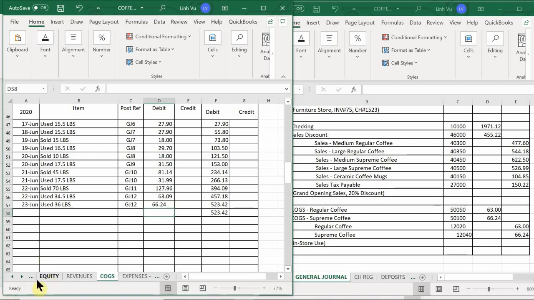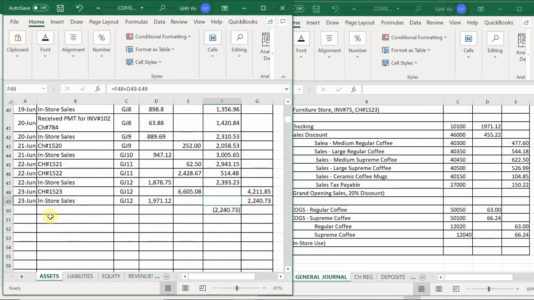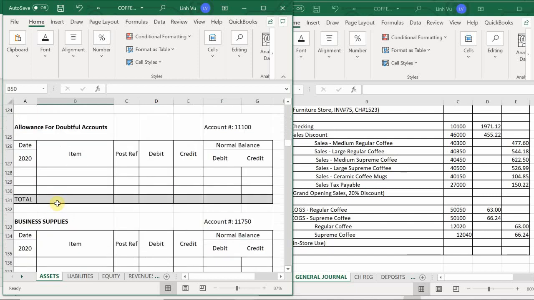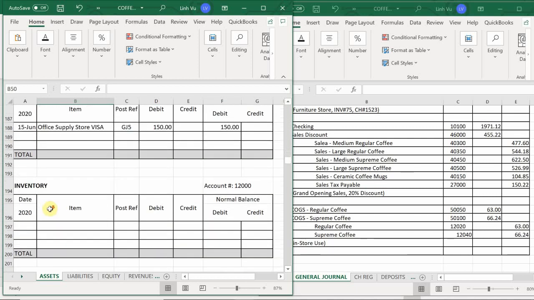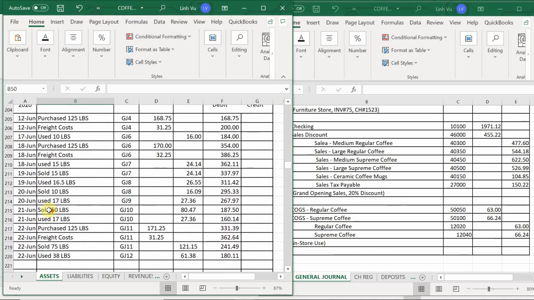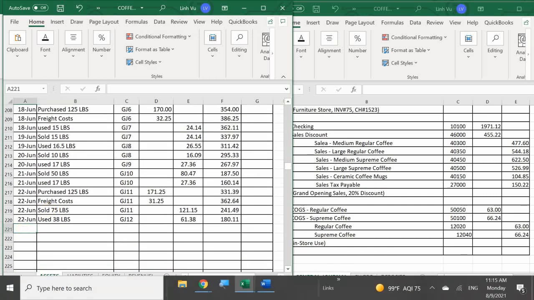So let's go into our inventory just to make sure that those transactions panned out in our inventory worksheet. So locate your inventory. Okay, here it is for regular coffee. 6/23 used 39 pounds. Okay. General Journal 12.